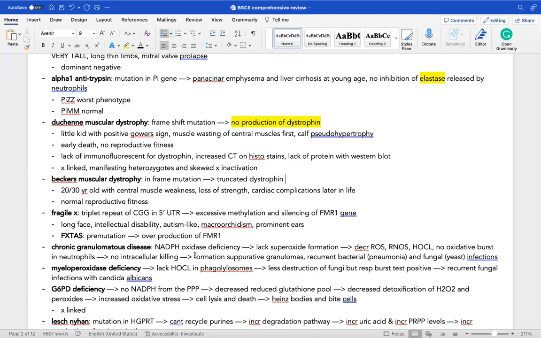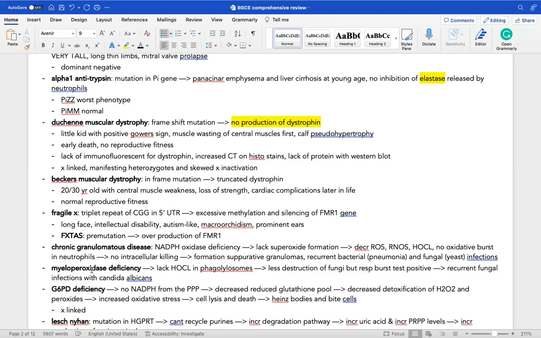When this enzyme is deficient, they're not able to kill the bacteria, so there's no intracellular killing, and therefore we have formation of granulomas and recurrent bacterial or fungal infections.